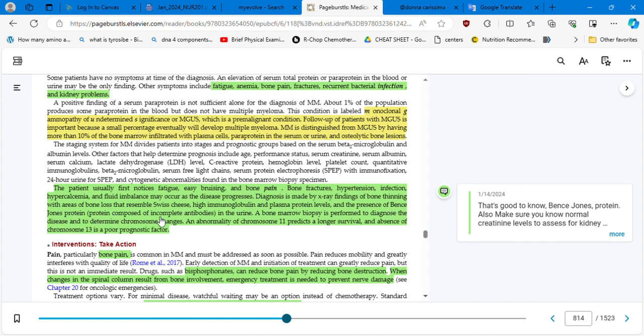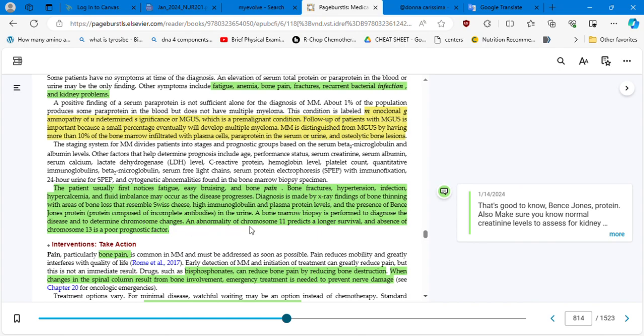And even though it's not mentioned in your PowerPoint, I beg you to remember this, make the difference between the lymphomas with the Reed-Sternberg cells and multiple myelomas with the Bence-Jones protein, okay? A bone marrow biopsy is performed to diagnose the disease and to determine chromosome changes.